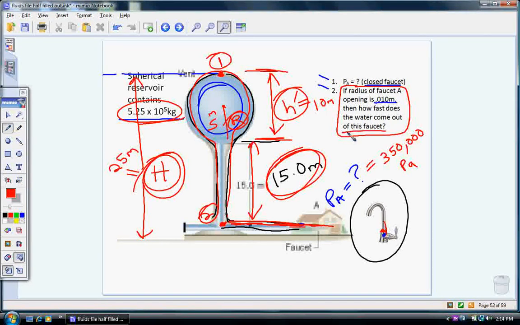All right, second part of the problem: how fast does that water come out of the faucet? They give you the radius of the opening, but it turns out that the velocity of the water coming out of the faucet does not depend on that radius, as we'll find out when we apply the Bernoulli equation.